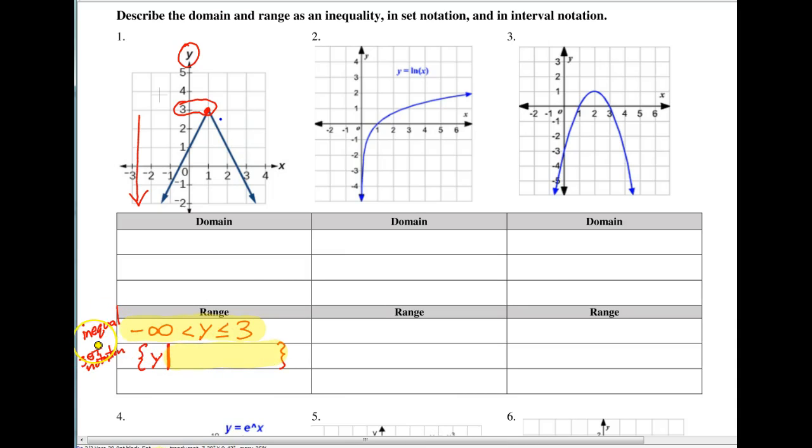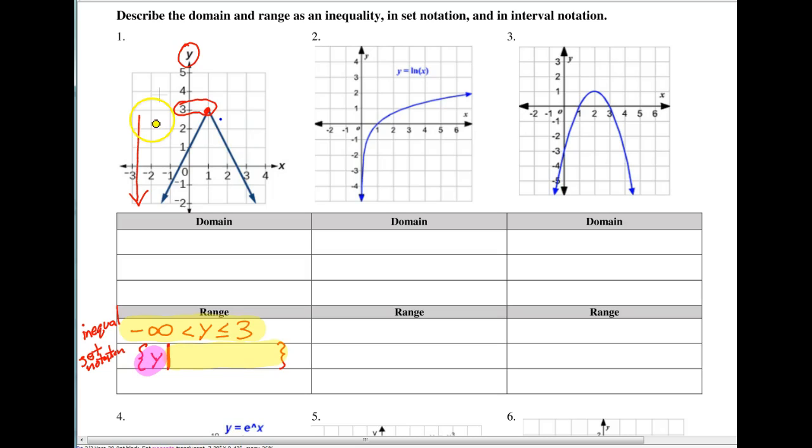So the set notation and inequality are almost one and the same, but the set notation includes a little bit more. Simply because when you start doing things in multivariables, you need to declare at the very beginning what variable we are looking at, because we can have more than just y and more than just x. So we have this one little part here that's a little different because of that. But for you guys in Algebra 2, it's not going to seem like it's different at all. So just know that they are one and the same. If you know one, you know the other.